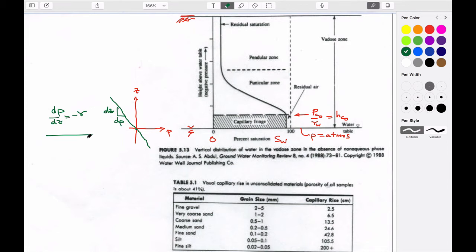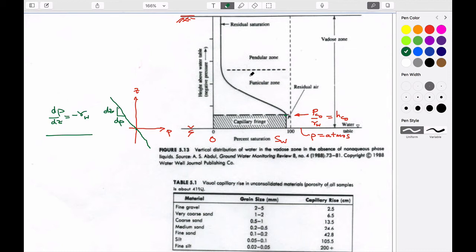Always true, irrespective of whether it's a liquid or a gas, as you know. This happens to be a liquid, so this would be the unit weight of water. And so this would be in tension at this. So that's why the capillary fringe is sometimes referred to as the tension saturated zone, because the water above the water table is actually in tension.